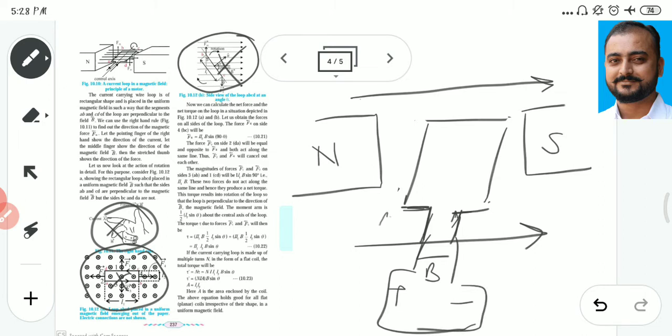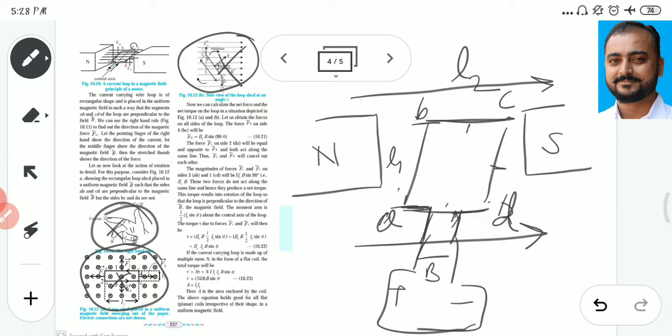This loop should be named ABCD. Remember here this length is L2 and this length is L1. As this is L1, this is also L1. As this is L2, this is also L2.